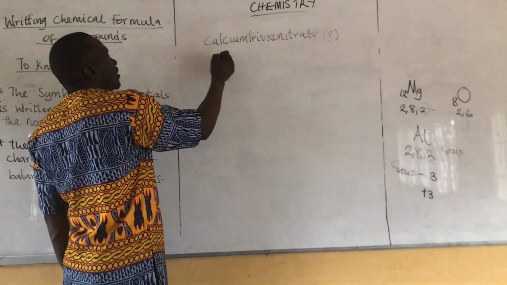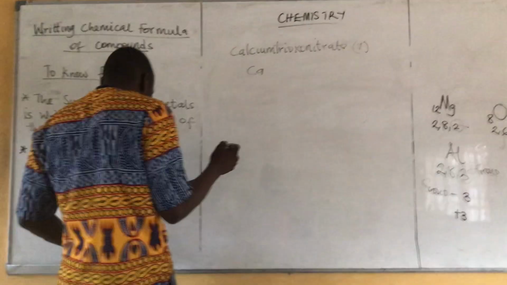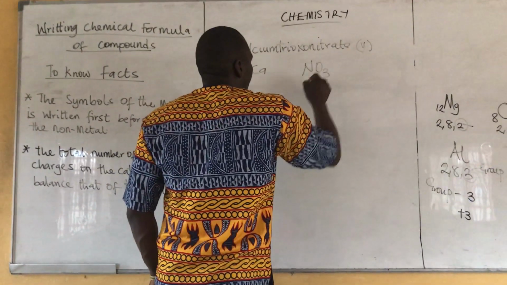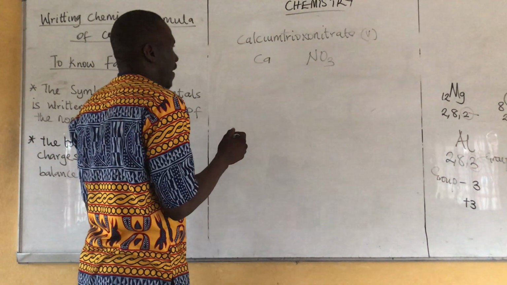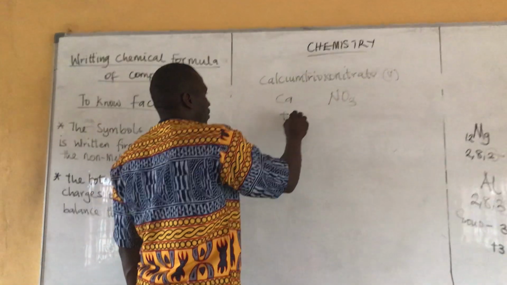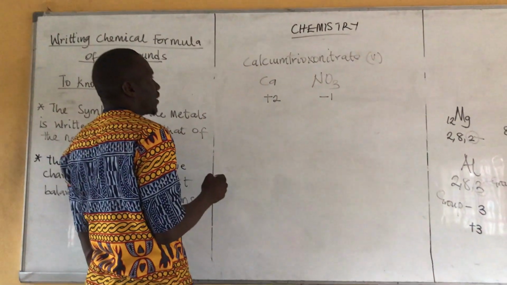What are the components? Calcium and trioxonitrate 5. Don't forget the charge of calcium is plus 2, and the charge of trioxonitrate 5 is minus 1.